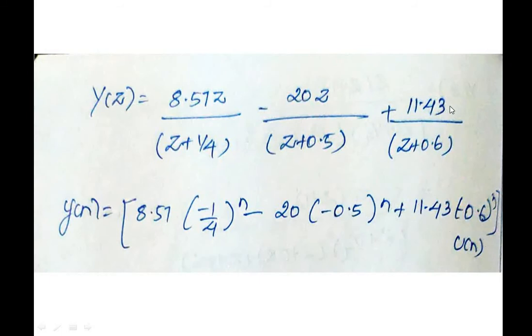For the third term we have z/(z + 0.6); we'll have to have a z here which is actually missing. So this is 11.43 z/(z + 0.6), so that we get 11.43 (-0.6)^n u of n. So we'll take u of n as common and we have the answer here.